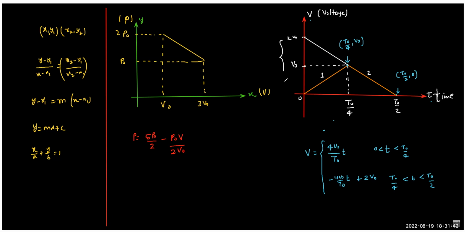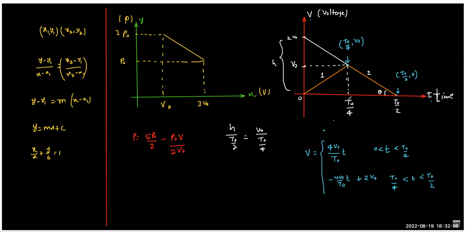So this height, you can assume something. Let's call this height h. So h upon t naught by 2 is the same as v naught upon t naught by 4. Yeah, luckily that's coming the same. If you use the tan theta formula, it's the same answer. In a small triangle, you will get v naught upon t naught by 4 as tan theta.